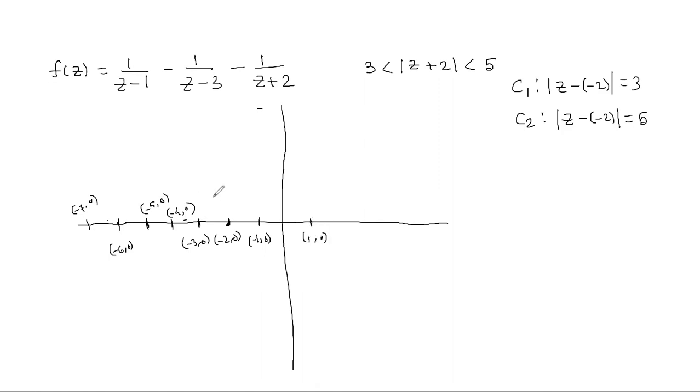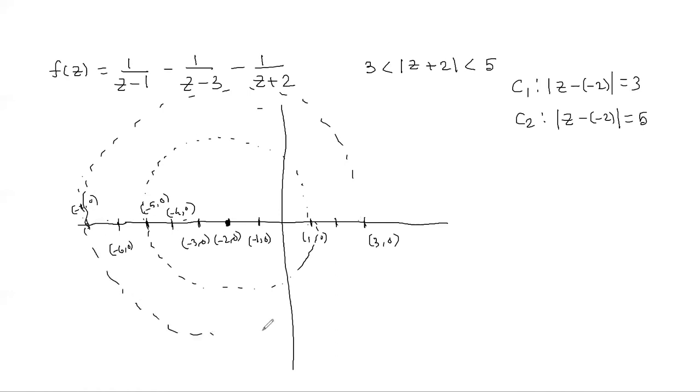So the first circle, our C1, is centered at (−2, 0) with radius 3. The next circle has center (−2, 0) and radius 5. So here we have C1 and this is our C2, and this is the annular region we have.